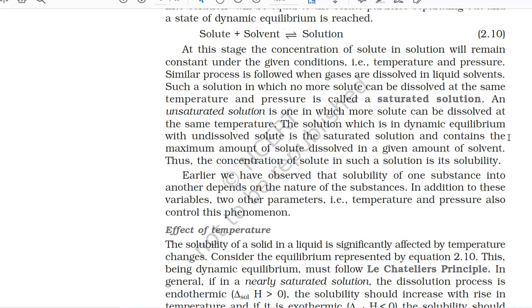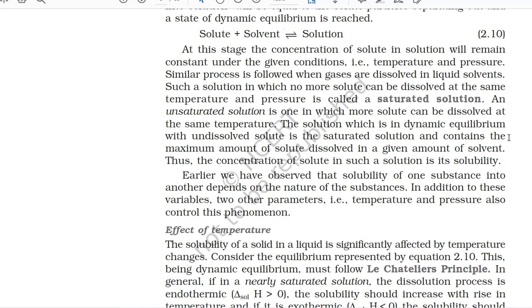At this stage, the concentration of solute in solution will remain constant under the given conditions, that is temperature and pressure. A similar process is followed when gases are dissolved in liquid solvents. Such a solution in which no more solute can be dissolved at the same temperature and pressure is called a saturated solution.